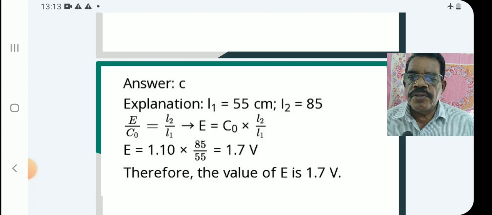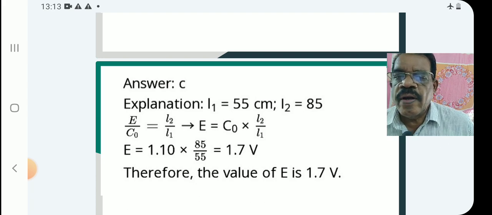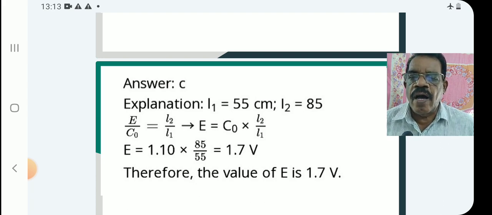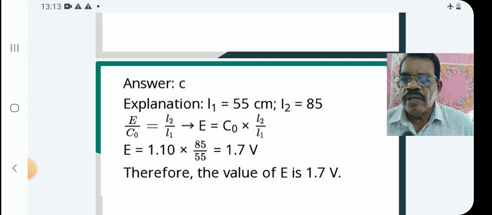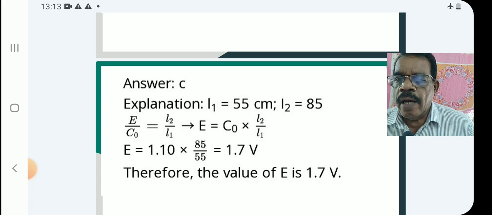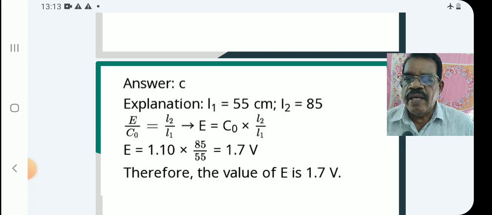The reason is, in the first case, length L1 is 55 centimeter, L2 is 85 centimeter. And for a potentiometer, you know the working principle is E proportional to L. Therefore, C0 proportional to L1, E proportional to L2.